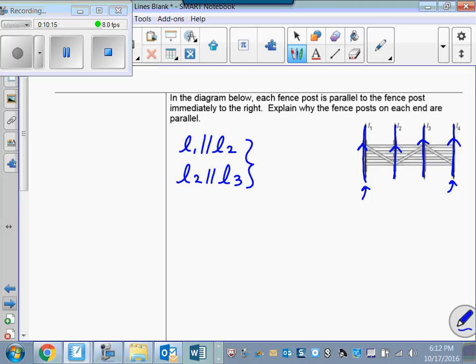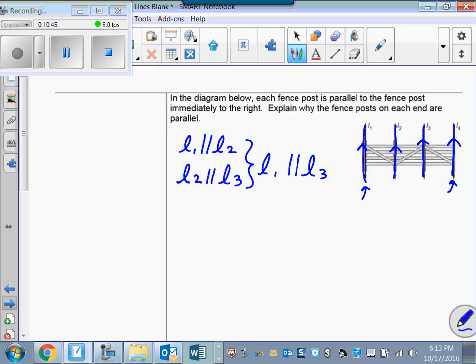Since L1 and L3 are both parallel to L2, then I know that L1 is parallel to L3. And that's not the transitive property, my friends. That's because of the theorem that says, what does it say exactly? If two lines are parallel to the same line, then they are parallel to each other. So L1 and L3 are parallel to the same line, so they're parallel to each other.